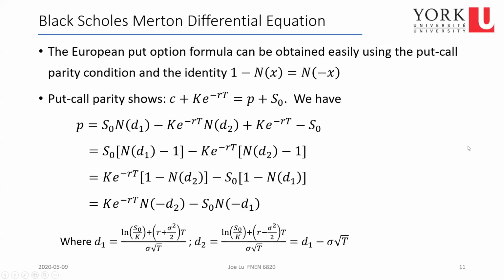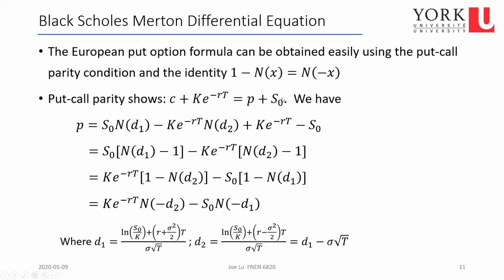From the put-call parity, we have the call price plus the strike price K times e to the power minus RT, where R is the risk-free rate of return annualized, equal to the put price plus the initial price of the stock S naught.